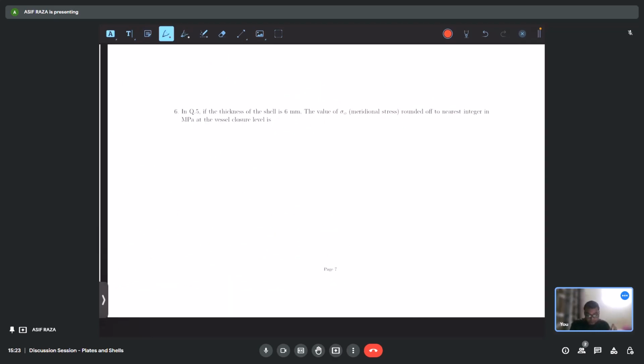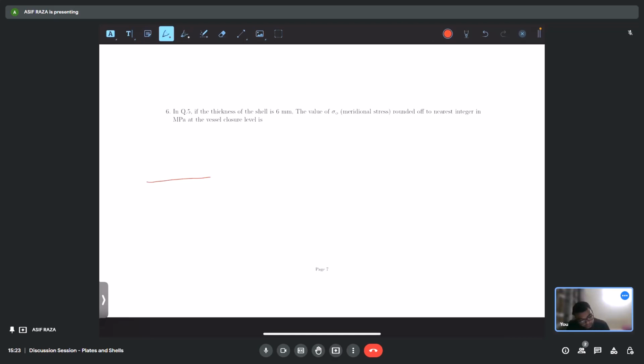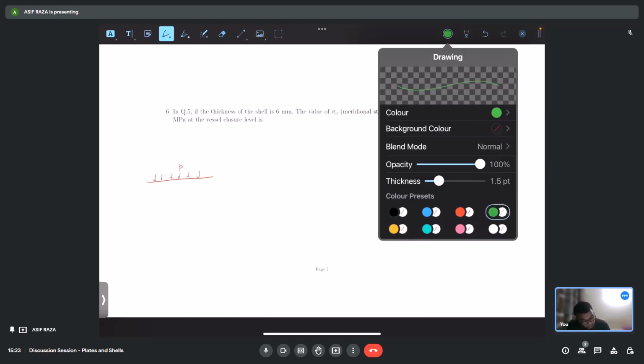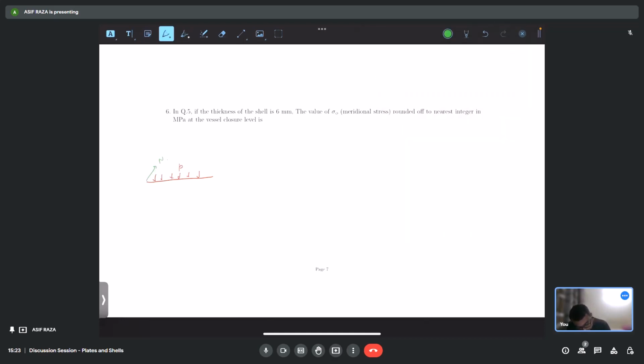So at vessel closure level, suppose the pressure P is acting, and we are able to find this n phi, which makes angle 60 degree, and its dimension is 600.